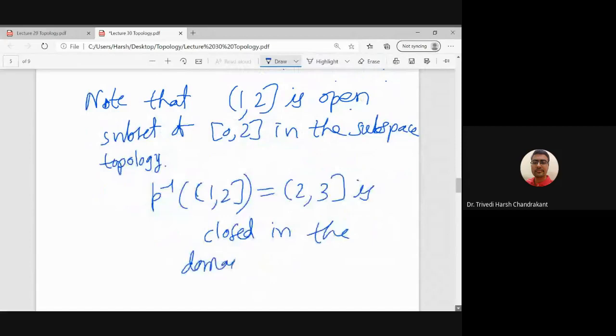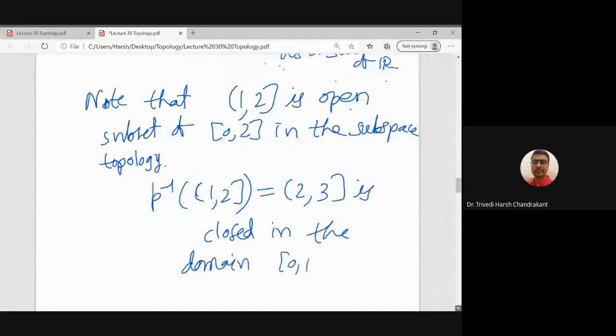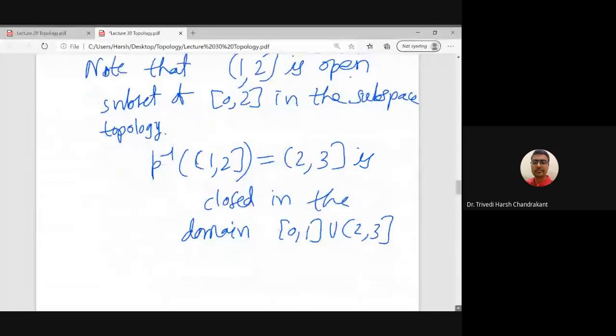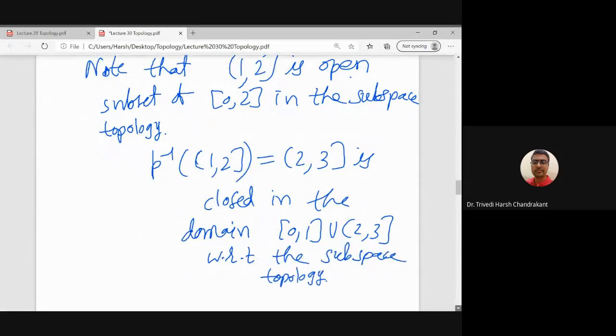So what is the domain here? The domain is the closed interval [0, 1] union (2, 3], with respect to the subspace topology. What happened is we have chosen a particular open set, and its inverse image is not open.